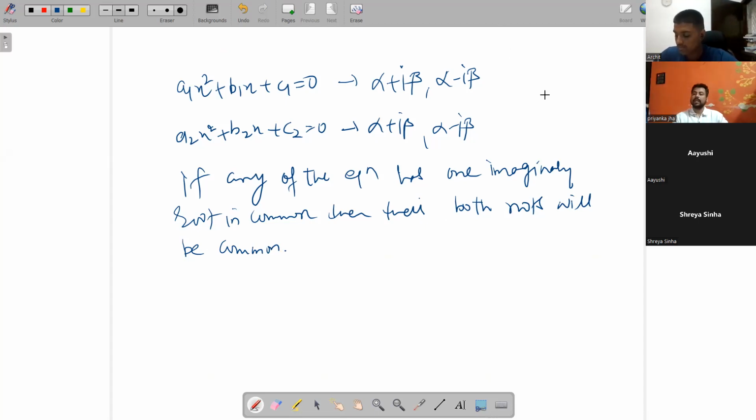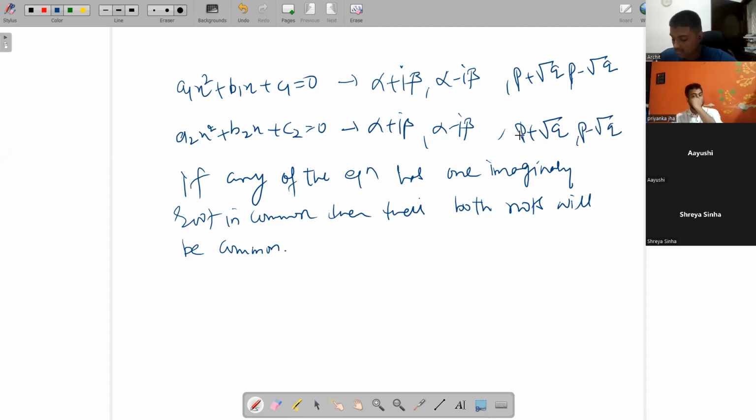And the same goes with an irrational root. Suppose the first equation has one irrational root, and both the equations have one common root. So the other equation will also have this irrational root, and we know that irrational roots always occur in pair. So the other root will be p minus root q, and here will be the same thing.